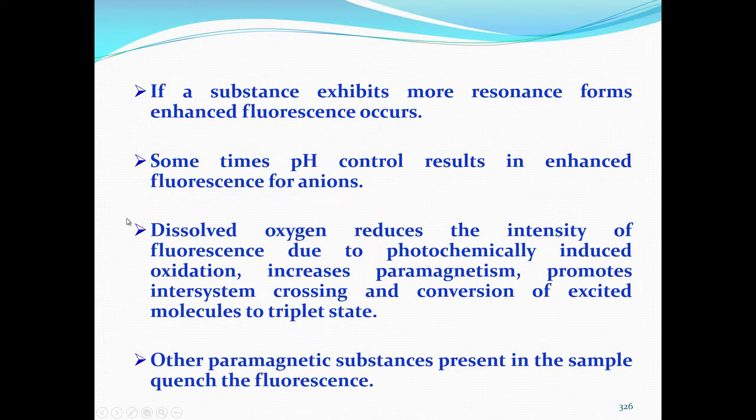So, what we understand from the discussion so far is fluorescence is a natural phenomenon. It occurs in substances which have resonance structures, and fluorescence intensity is associated with pH, dissolved oxygen and several other paramagnetic substances, bridge compounds, etc. And the fluorescence procedure must take care of all these parameters which adversely affect the fluorescence.